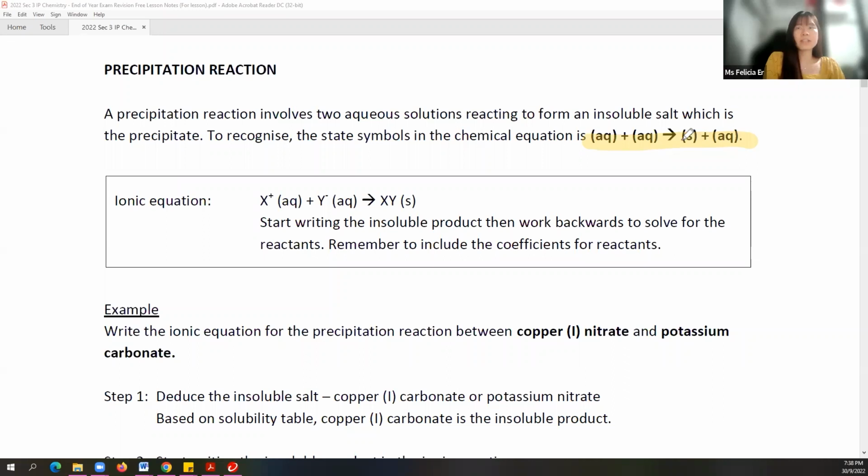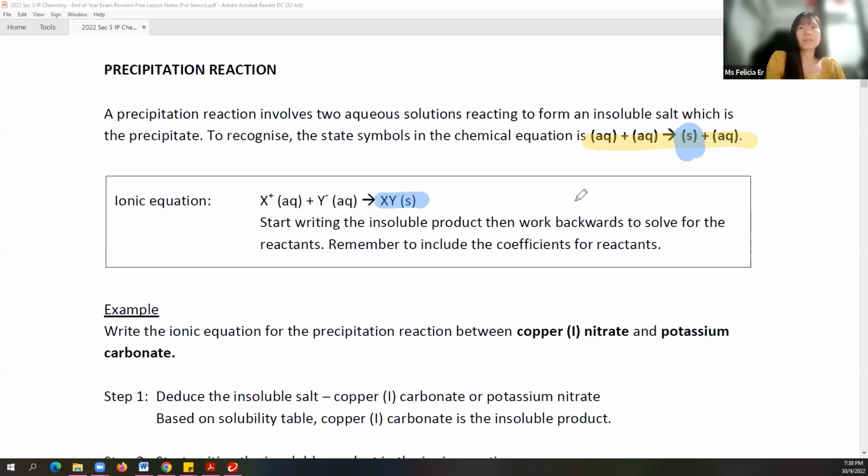So for precipitation reaction, what you do is you go and find out who is the solid first. Once you found the solid, you write its chemical formula over here. Then next is what makes up this precipitate. It will be two things. So you just write down the first thing plus the second thing, you will get this.